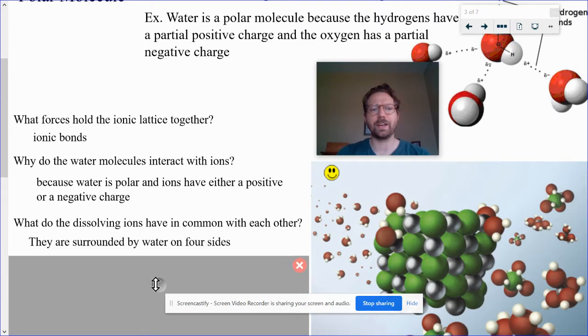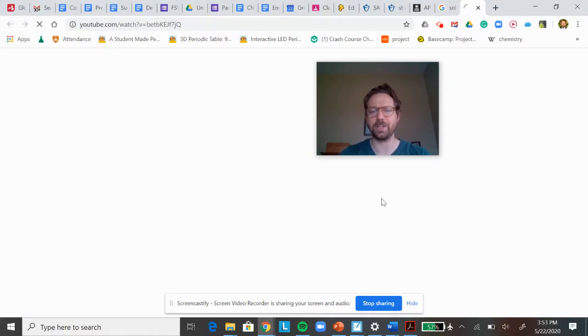What do the dissolving ions have in common with each other? Well, if you look carefully at this image here, you can start to see what's happening with the dissolving process. And what I'd like to actually do is show you guys a video that shows this.